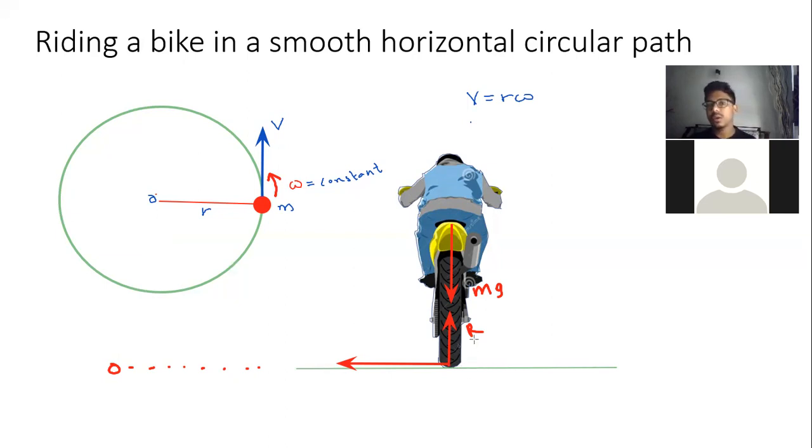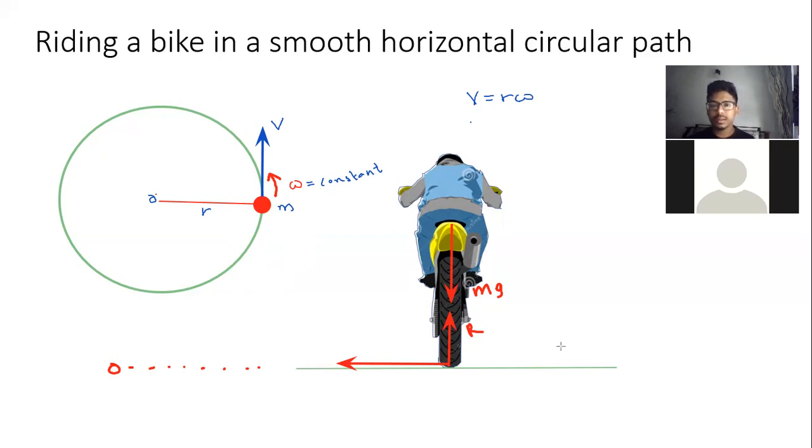Otherwise, we cannot move in a circular path or take a bend or turn, right? In order to turn or bend, I mean, the path is bending. So in that path, to keep the continuous riding, there should be friction in the floor.